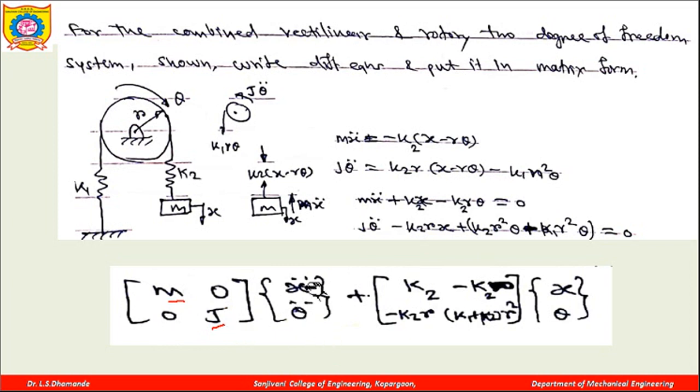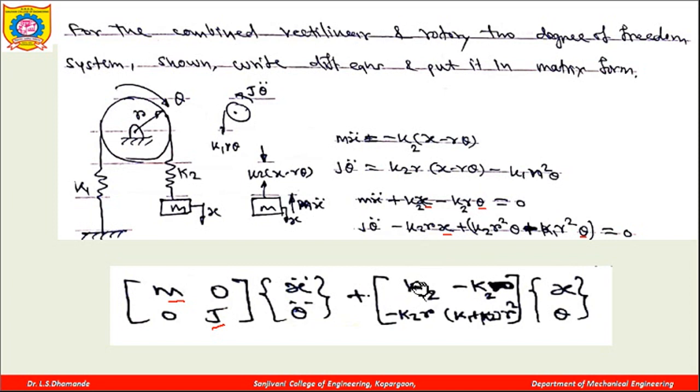And its acceleration vector is x double dot and theta double dot, plus the stiffness matrix, where here it is x and here it is theta, so I have to write the coefficient of x and the coefficient of theta. The coefficient of x in the first equation is k2, so k11 will be k2.